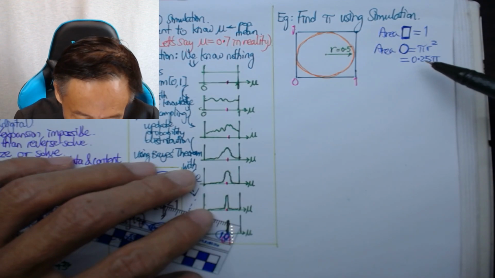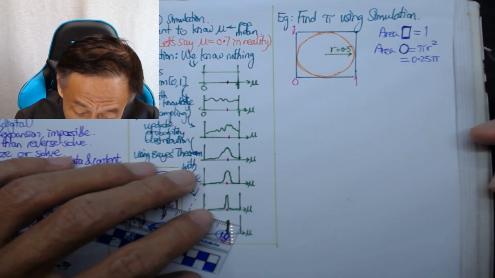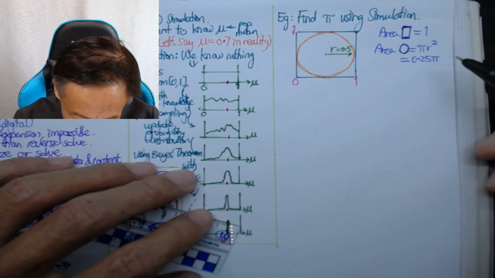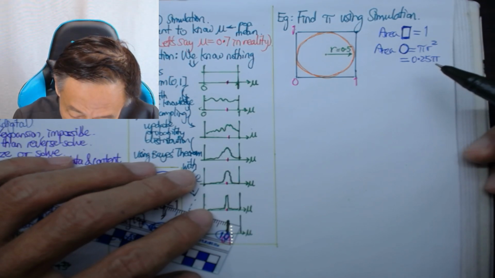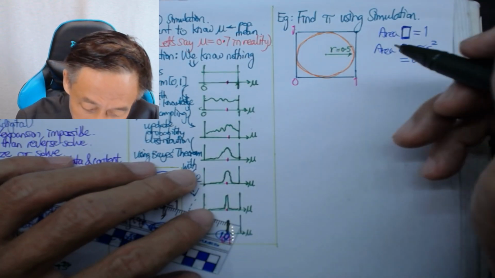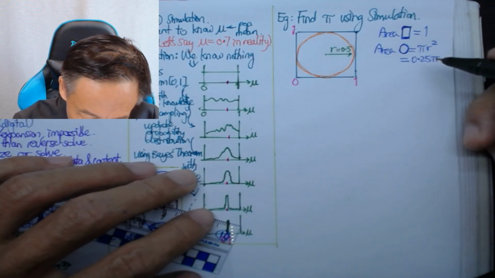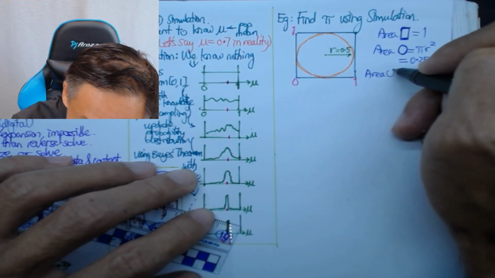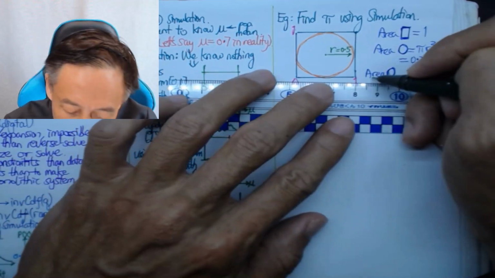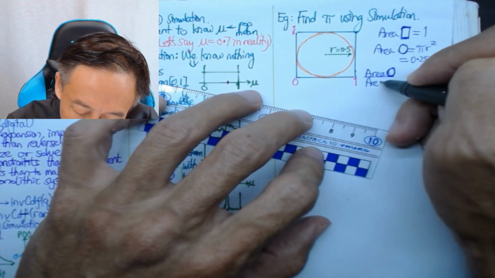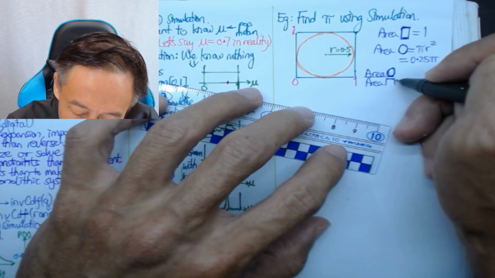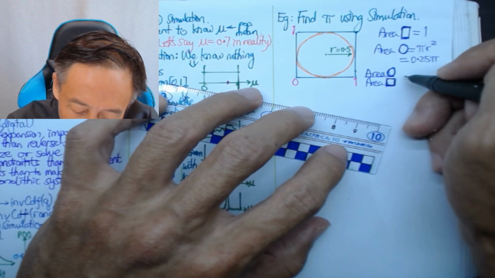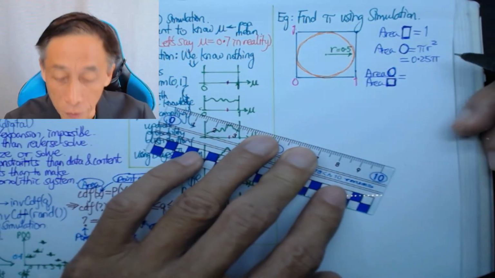That the area is done, and the ratio of the area of circle to the area of the square is necessarily known and must follow from our derivation here.